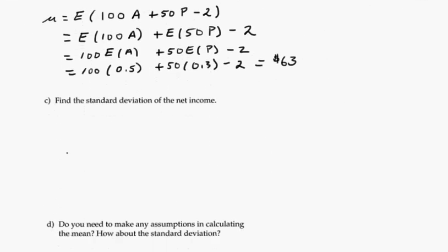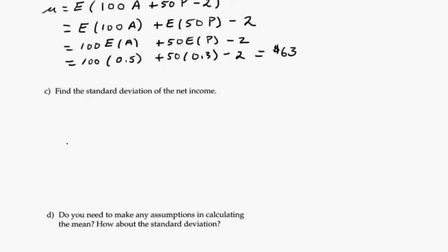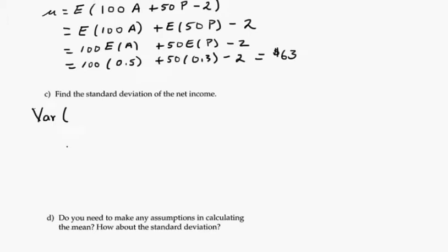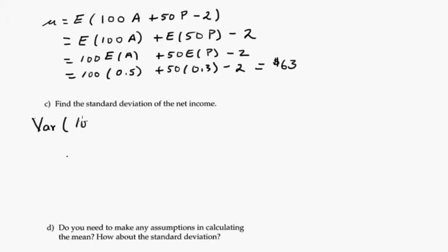So let's see. Now we want to find the standard deviation. First we would need to calculate the variance. So we use the same notation: the variance of 100A plus 50P minus 2.